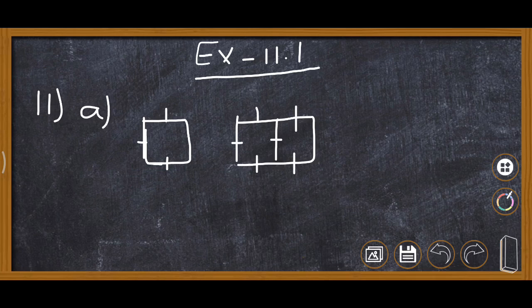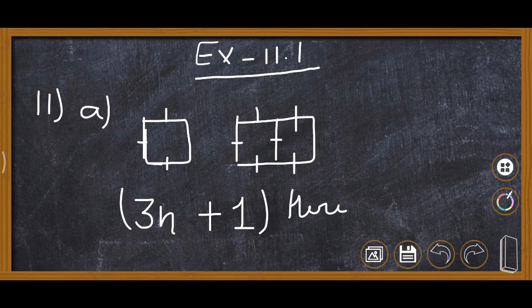So the formula will be 3n, meaning 3 are fixed, and 1 is more. So 3n plus 1. If we apply n is equal to 1, then we get 4. If we apply n is equal to 2, then it is 7. Here n means number of squares. So in this way you are required to write it.